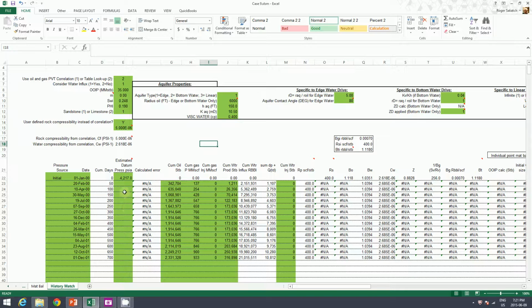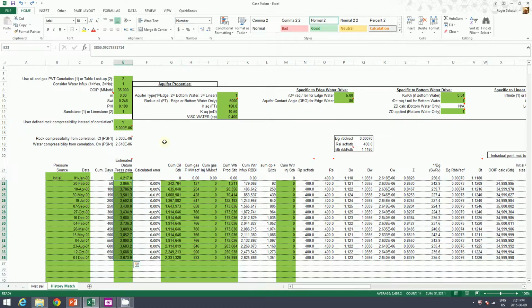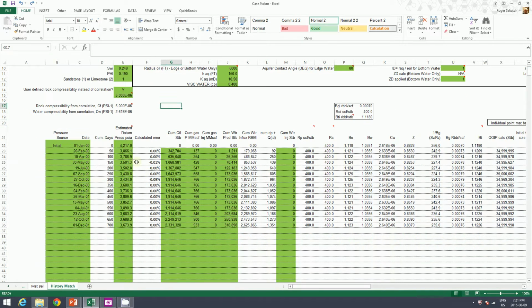It'll pick the proper pressures such that this calculated error becomes very close to 0. So the proper answers are these ones here, and these were derived earlier before I started the video.